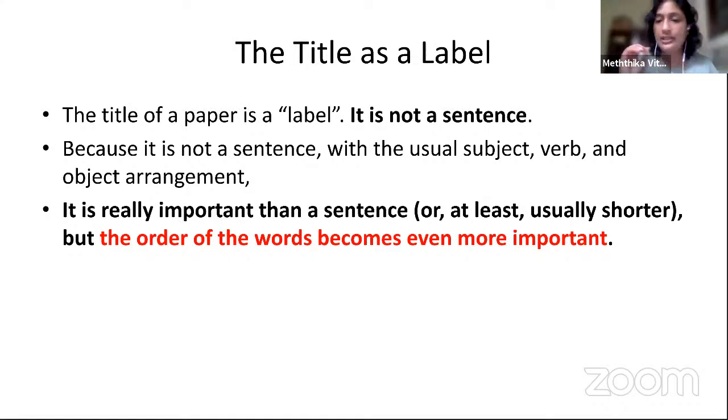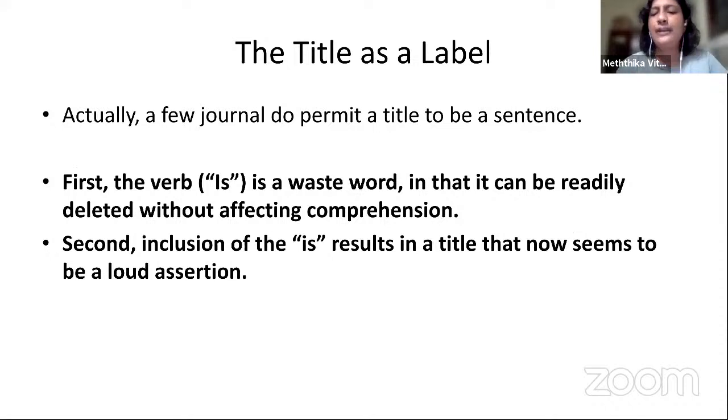So it is very important for you to choose the words that you are using in a title. In my opinion, a title must have less than 20 words. Don't put more than 20 words into a title.